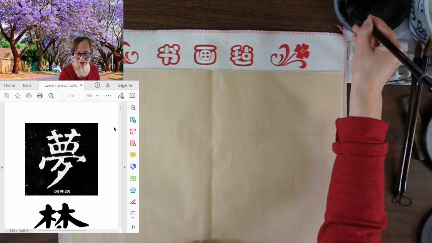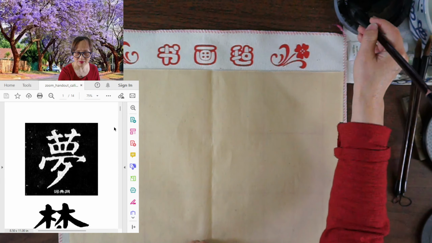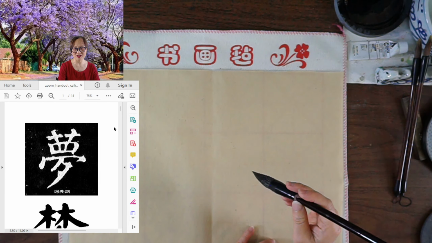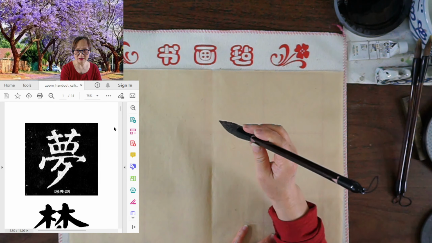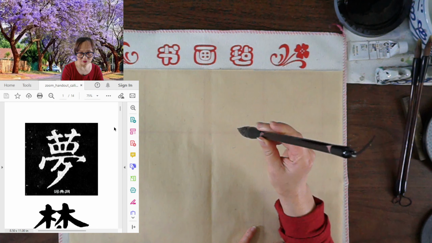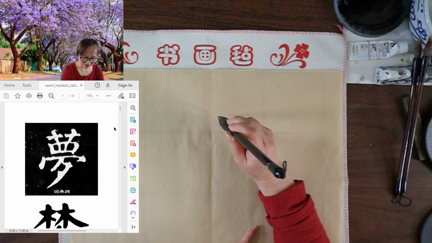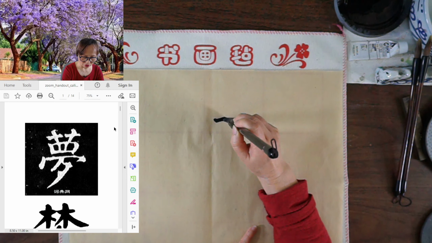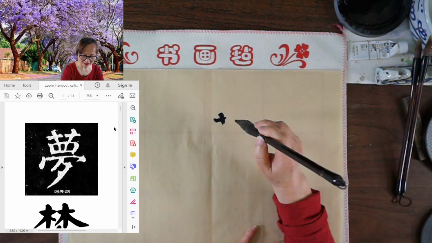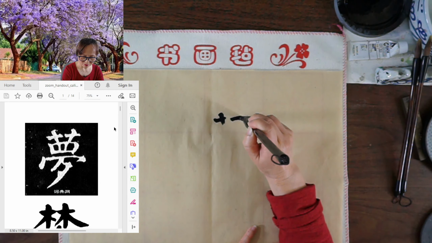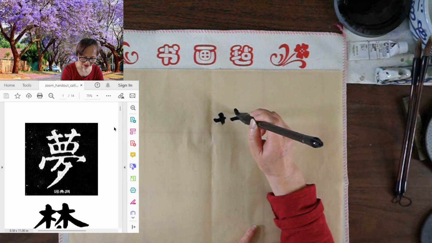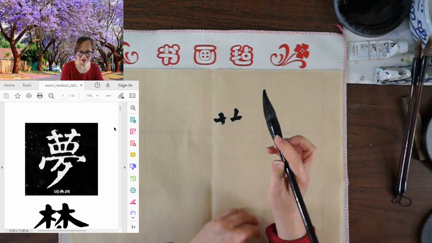So this is about upper, middle, and lower parts, right? The bottom will be the radical here. What's radical? There's two cross. Remember it? We know this many times. Two cross, but think of in the calligraphy writing not very straight up, right? A little bit to the center.